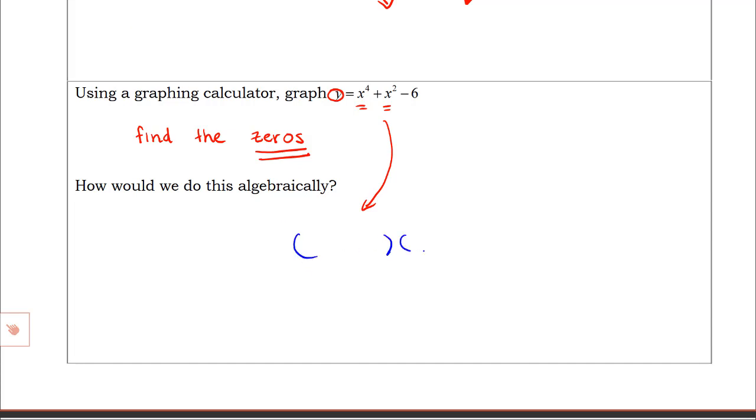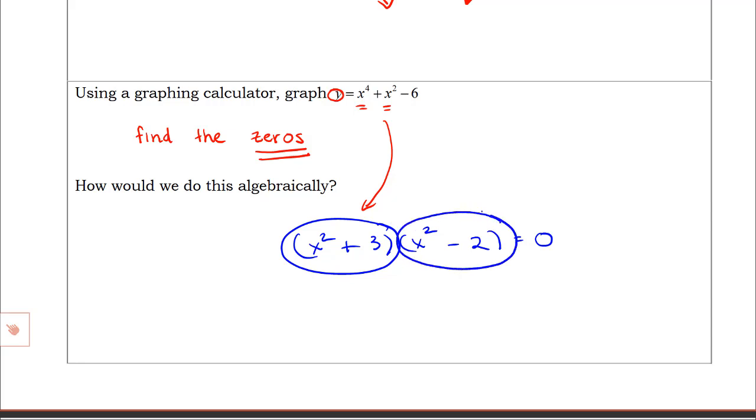So, boom, boom, boom, boom. And if I want to find zeros, or find the x-intercepts, x squared plus 3, x squared minus 2. Here, you're going to have a square equaling a negative. Not going to do that yet.